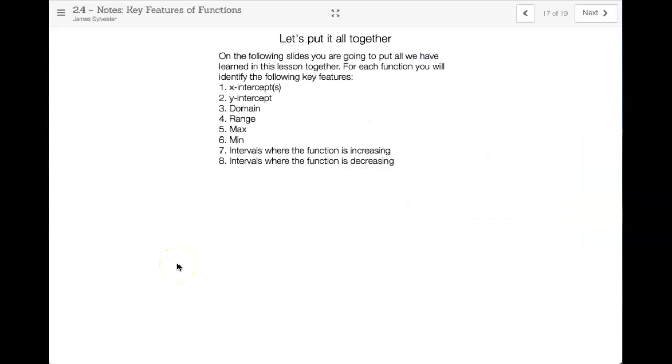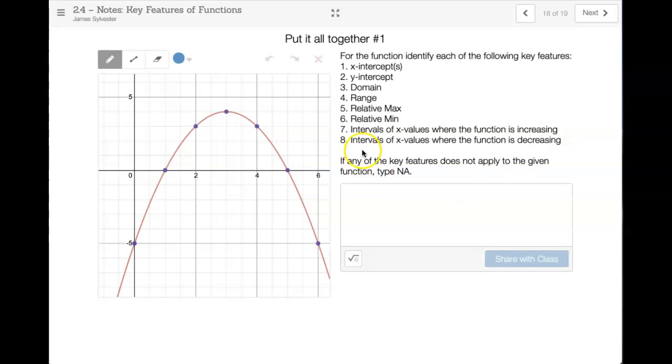So we're now going to try and identify all 4 of these things: the intercepts, x and y that is, the domain and range, any maxes and mins, and where it's increasing and decreasing. So I'm going to call that 4 things. So let's just start at the beginning.